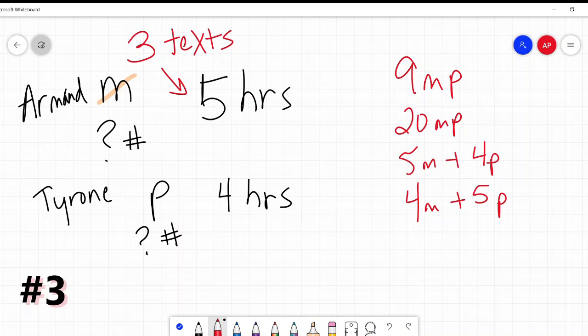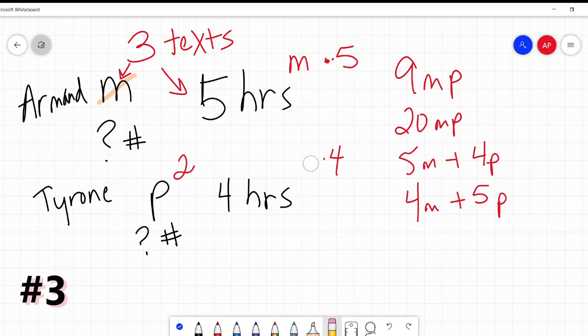If he did 3 an hour for 5 hours, you would multiply 3 times 5. So we put in a 3 for M. Well, let's change this back to an M. So that's an M times 5. Same down here. What if this P was 2 texts an hour for 4 hours? Well, we would multiply, right? 2 times 4.